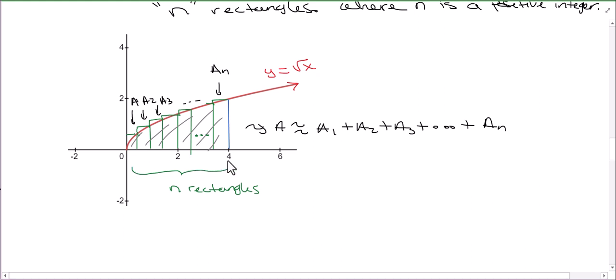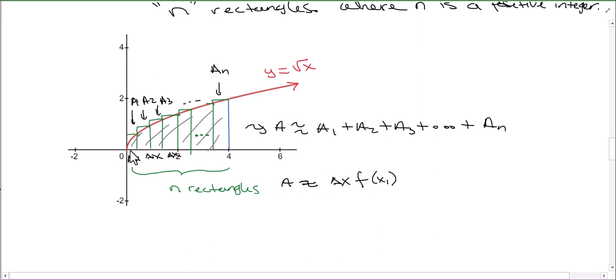I want to take essentially the length of the interval, 4. We're going to call it delta x. So all of them will have delta x, and we'll figure out how to find that. So in here, the area approximation will be the area of a1, so it will be delta x, the base, times the height, which will be f of x1.